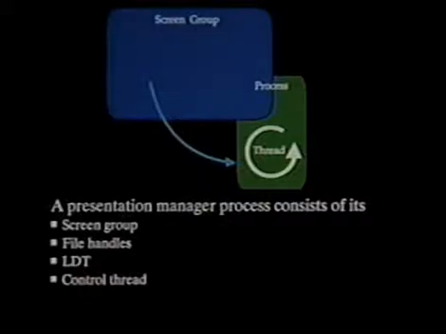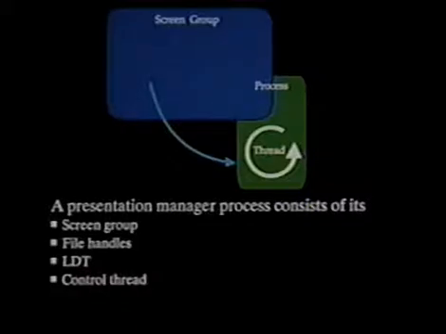On the screen now is the screen group and a process, which is a set of resources, and into the process is placed a thread of control, or a program counter, if you will. And that is what is meant by the circular arrow.